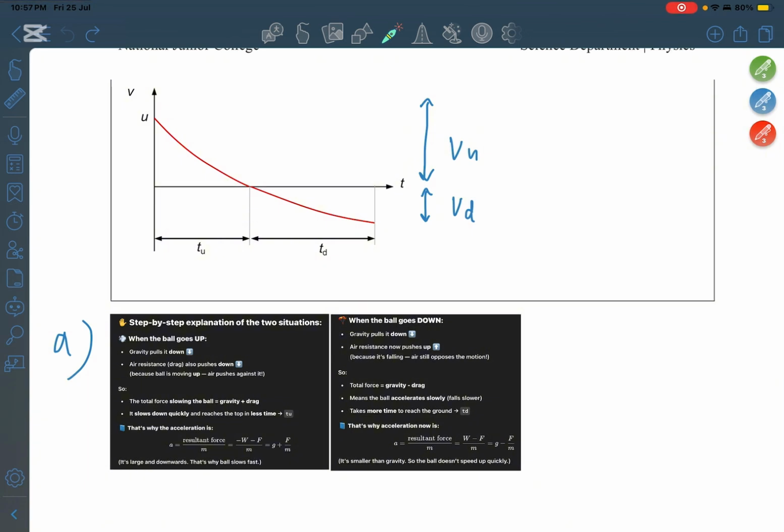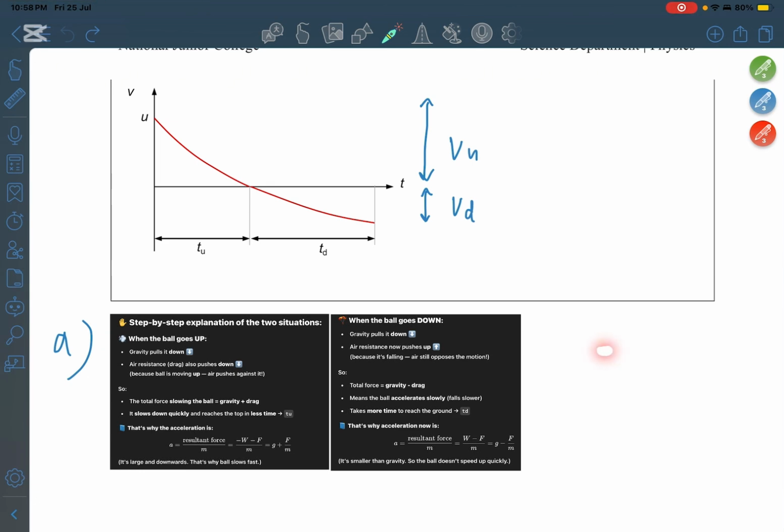That's why the acceleration a equals F net divided by m is going to be negative W and negative drag force over m. It's going to be g plus F divided by m. It's large and going to be downwards. That's why the ball is going to slow down fast and reach the highest point in a shorter time.